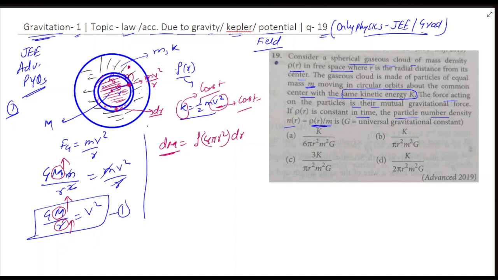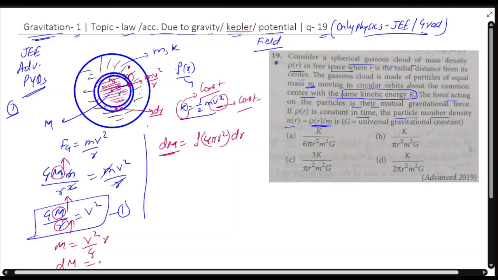Now we have M equal to v square by G into r. If you differentiate it, we'll get dm equal to v square by G into dr. Let's put it here: v square by G into dr will be equal to rho into 4 pi r square into dr. So dr will get cancelled, and density will be v square by G into 4 pi r square.